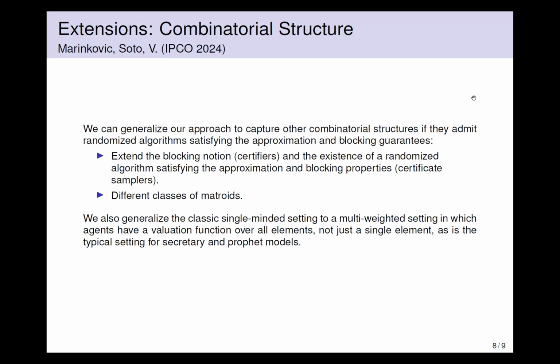But now with this idea, you can capture also the setting in which every agent has a valuation function over the elements in the ground set. It's not associated with exactly one element. It has a valuation function over the full set of elements, like in combinatorial options, but now with different types of constraints.